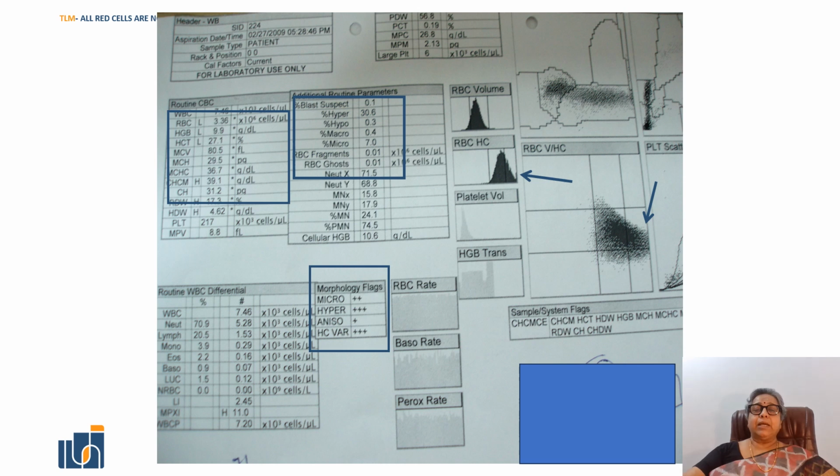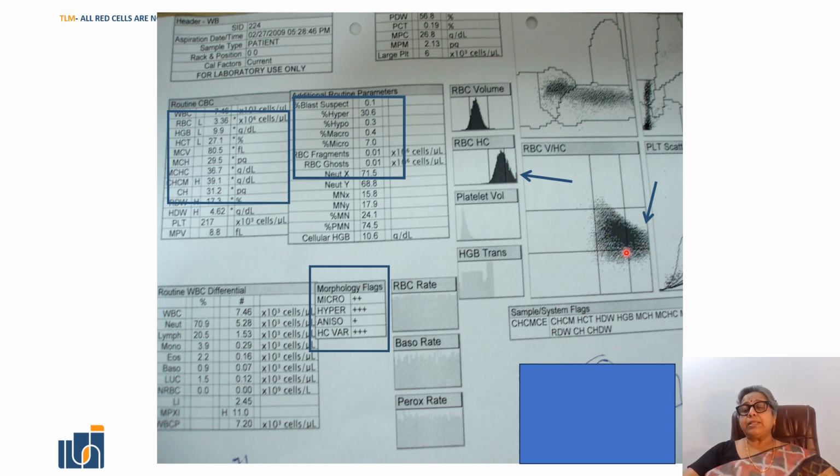Now the next case, again over here, if you see the RBCs are less, hemoglobin is about 9.9 and the MCV, MCH and MCHC are slightly increased. The RBC volume shows a few microcytic cells, but otherwise it's predominantly normocytic, normochromic. But in the hemoglobin concentration graph, there is a nice shift to the right.